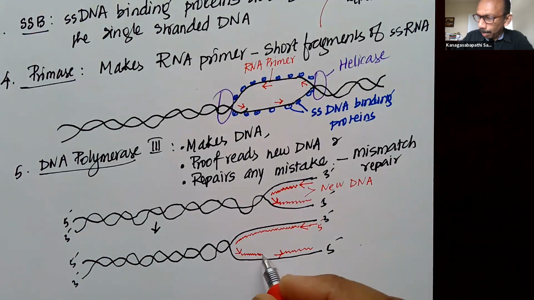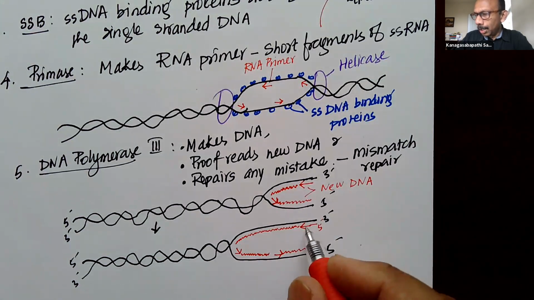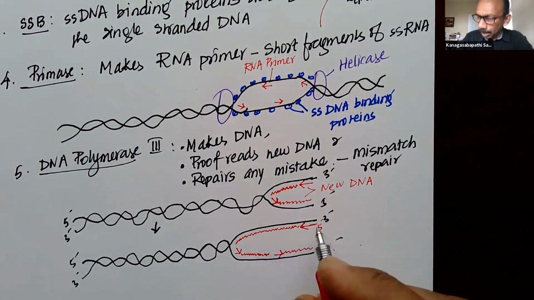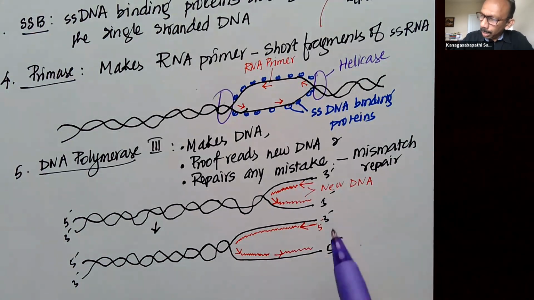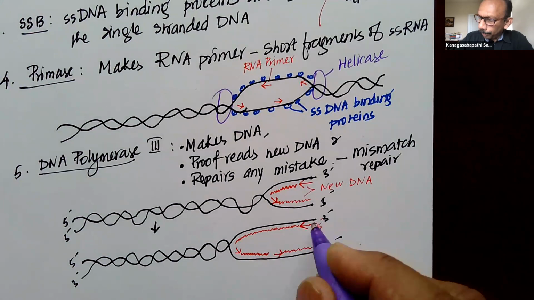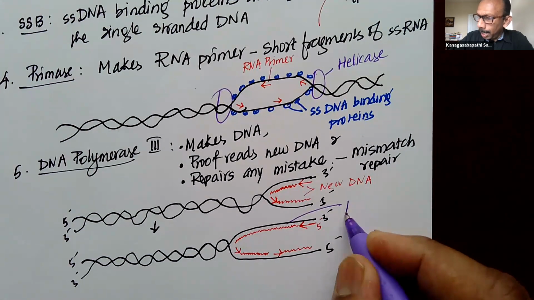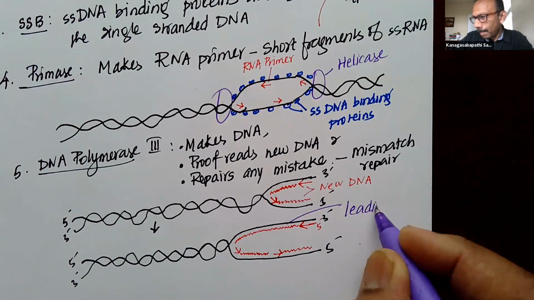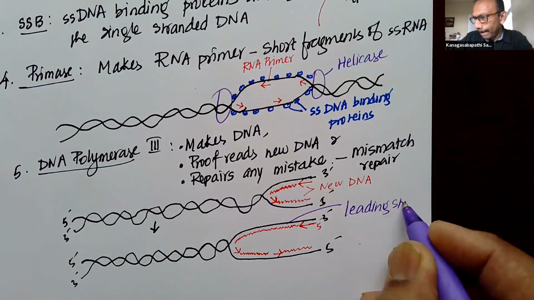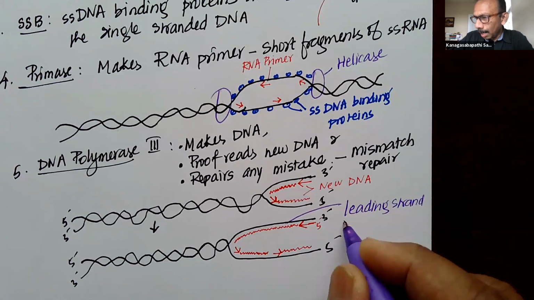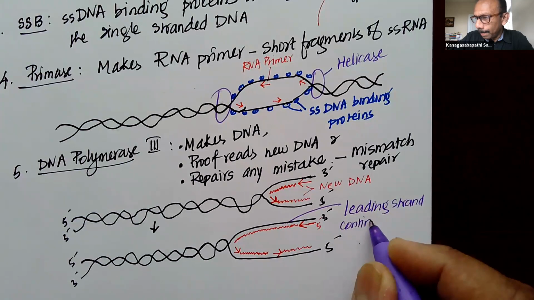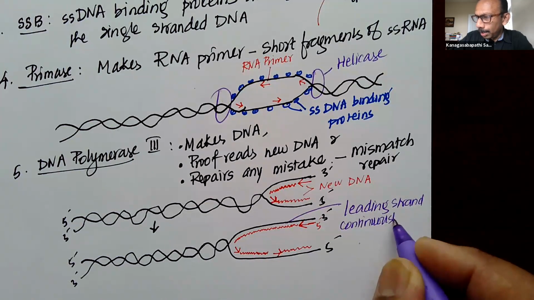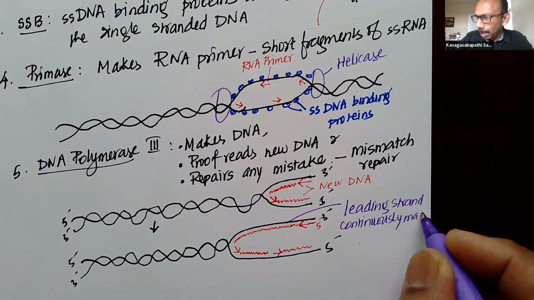Okay, another RNA primer. So the strand on the top is being continuously made, and you call this the leading strand. That is continuously made. This is important to understand.